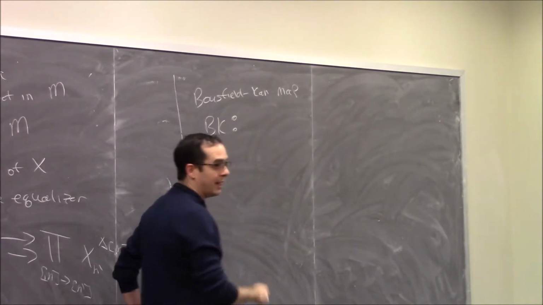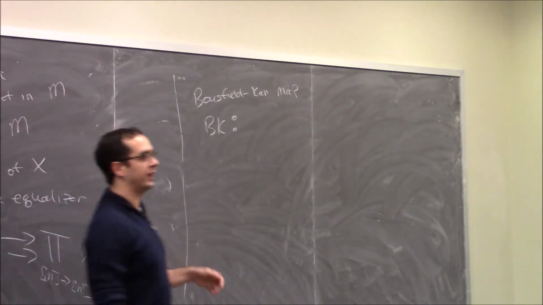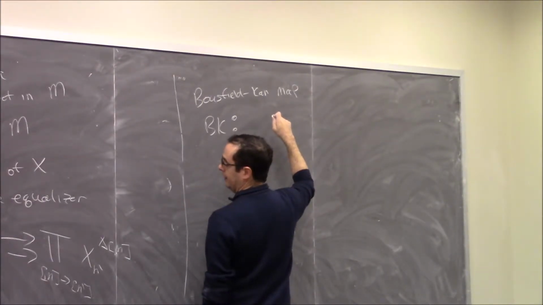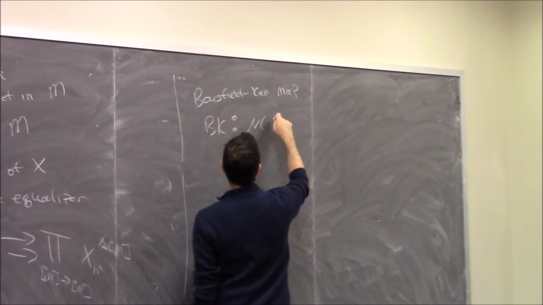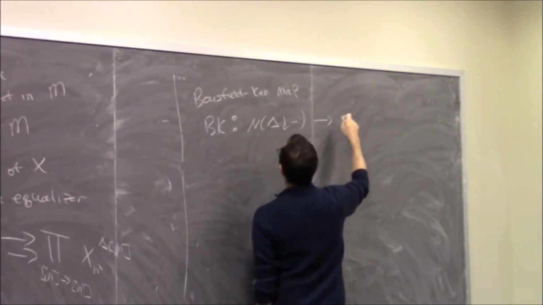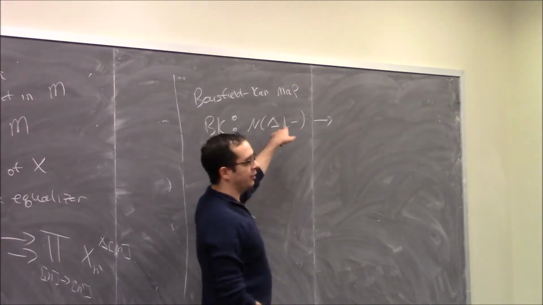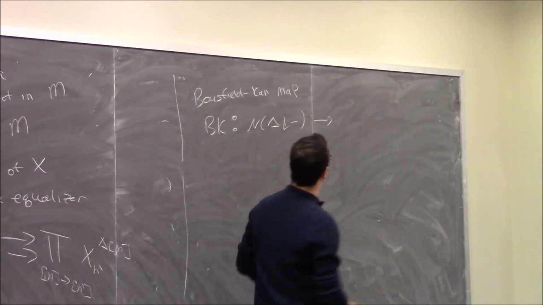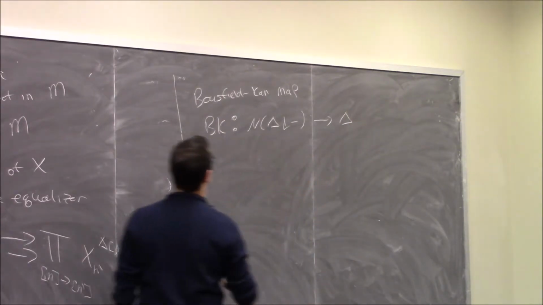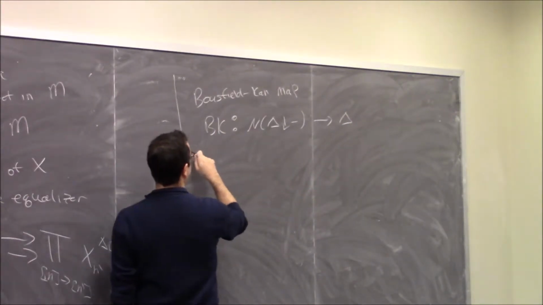So this is going to be a map of cosimplicial sets. It's going to go from the nerve of the over category into delta.